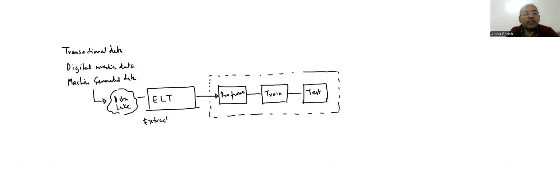So you need to first extract the data from any source, load it onto the data lake, and then transform the data in a way that it can be pre-processed. Now, this entire activity is a pretty complicated activity, and it takes a substantial amount of time and resources. And this activity is called data engineering.